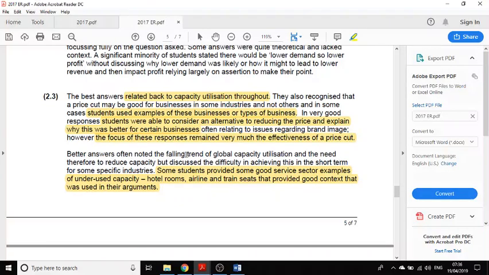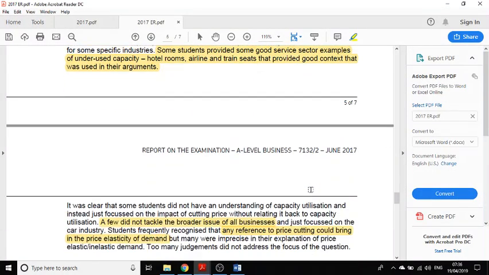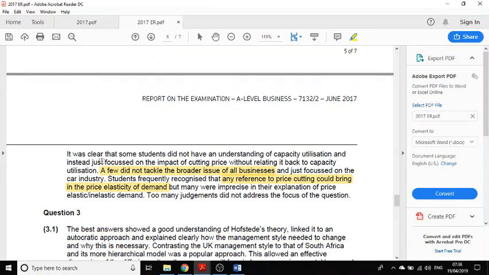Better answers often noted the falling trend in global capacity utilization, i.e. they used the case study. Some students provided some good service sector examples of underused capacity: hotel rooms, airlines and train seats. So students are bringing in their own knowledge. Right, this provided good context. So when students didn't do so well, it's because they didn't have an understanding of capacity utilization and just focused on cutting price.